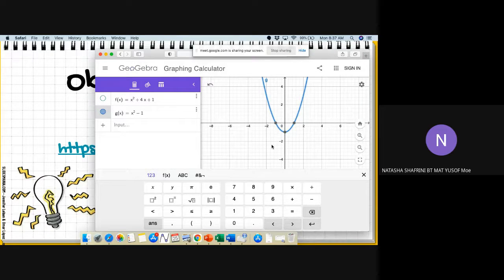Then shape, U shape, betul? Ataupun kalau ada cikgu guna smile graph, dia bentuk macam senyum. Nanti you akan nampak satu lagi jenis graph, N shape ataupun sad graph. Dia sedih, graph sedih. Okay, bagi cikgu coordinates of point, lowest point.